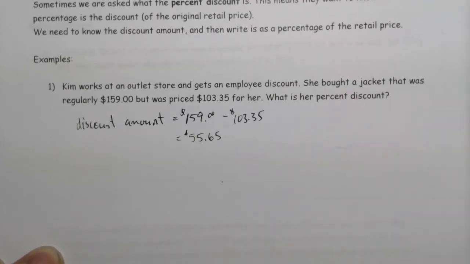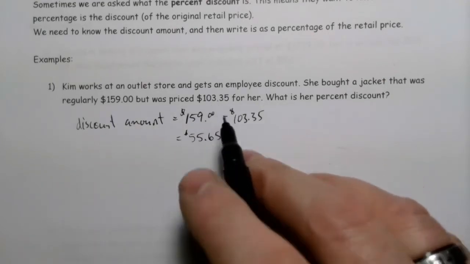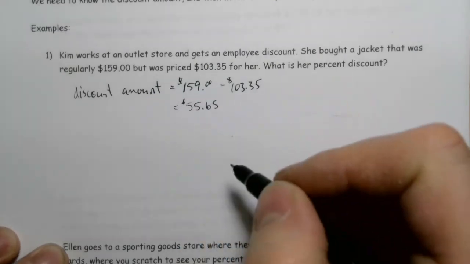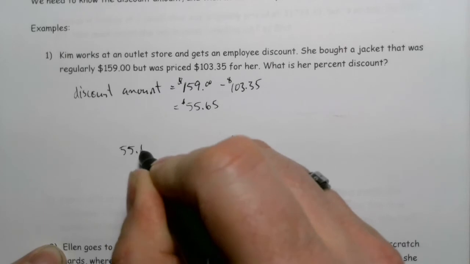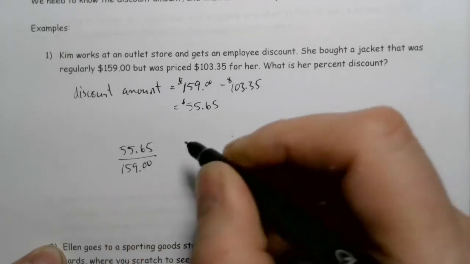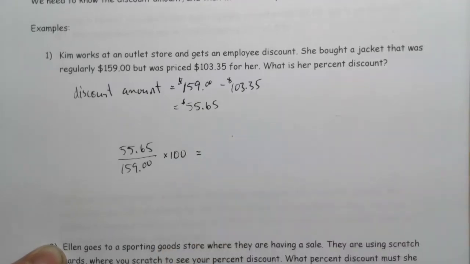Now, what we want to know is what percentage of the original amount that accounts for, not the new amount. So that's $55.65 divided by $159. Then remember, we multiply that by 100 to convert it into a percentage.